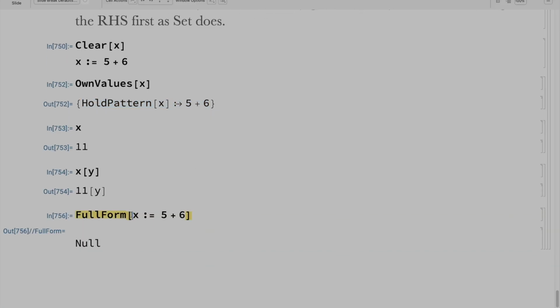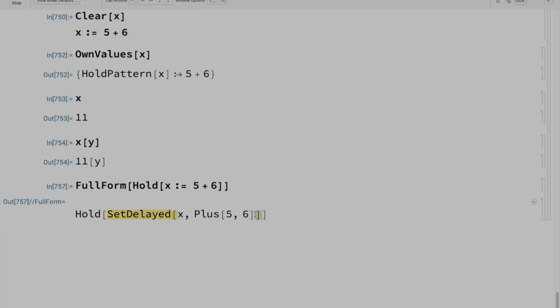So to get the FullForm correctly, I need to do a Hold, so that whatever is inside the FullForm does not evaluate. And I see here the FullForm or the desugared form of this expression. This is SetDelayed X plus 5, 6. And then, oh, by the way, I've been calling those parentheses previously. Those are not parentheses, those are square brackets.